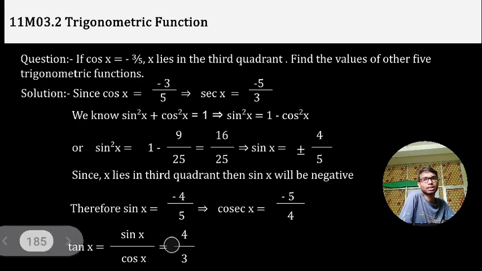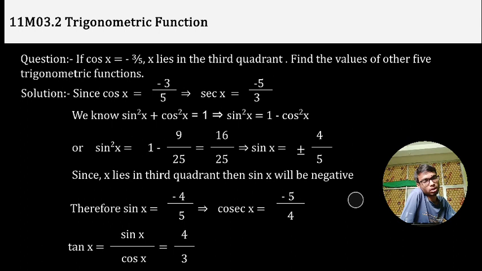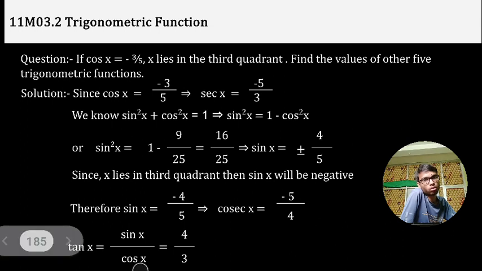So sine x is minus 4 upon 5, and cos x is minus 3 upon 5.